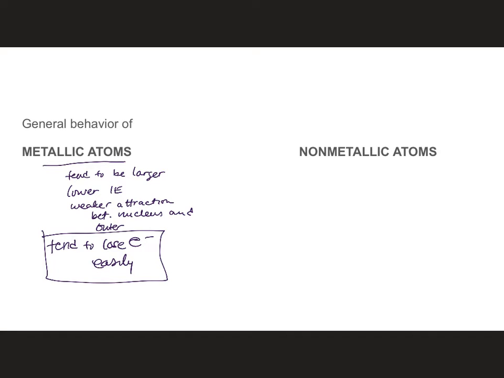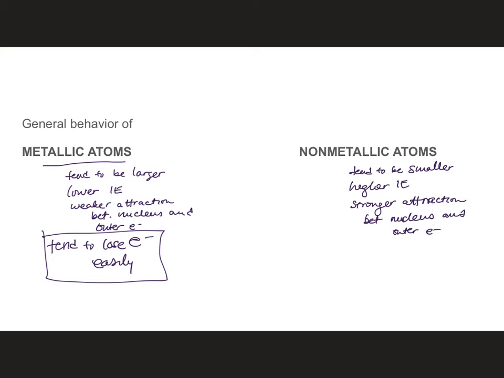On the other hand, nonmetals are essentially the opposite of this. They tend to be smaller with higher ionization energies and stronger attractions between the nucleus and the outer electrons. And the result of that is that nonmetallic atoms tend to be good electron gainers. We'll talk more about that as we move forward.